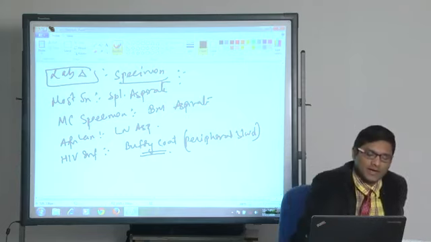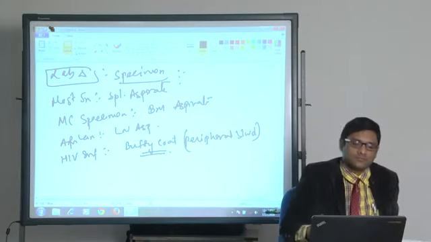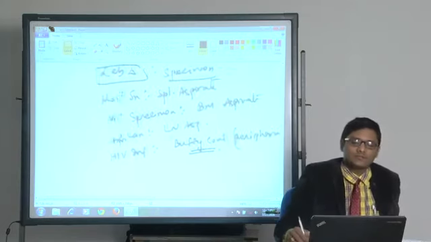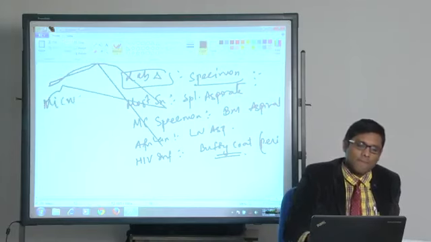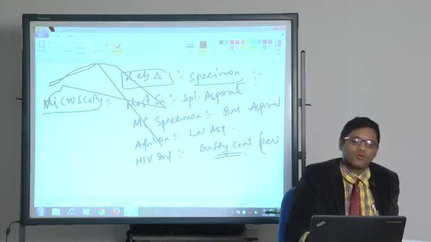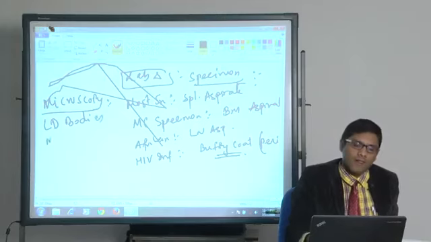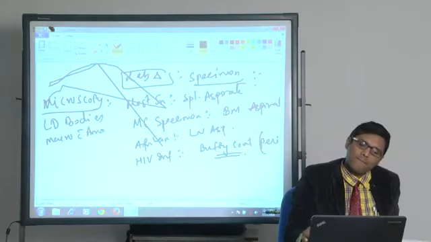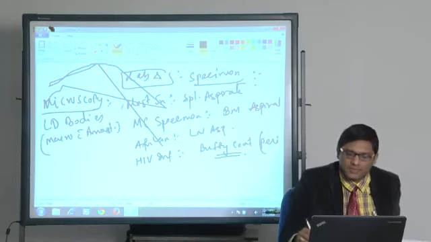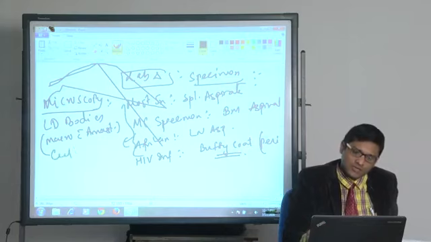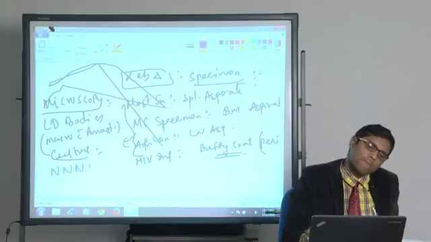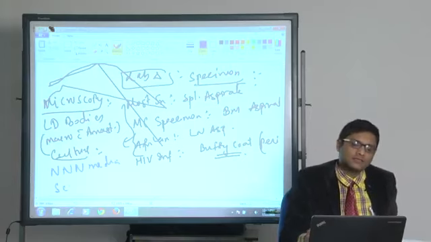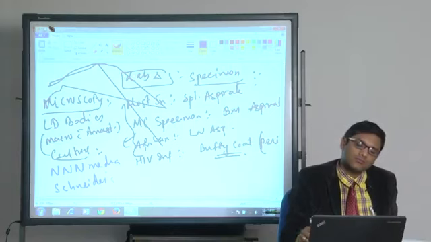When you do microscopy on all these specimens, what form will be seen? LD bodies. LD bodies are what? Amastigote or promastigote? Macrophage containing amastigote. But when all these specimens are subjected to culture, the culture medium is NNN medium and Schneider's Drosophila medium.